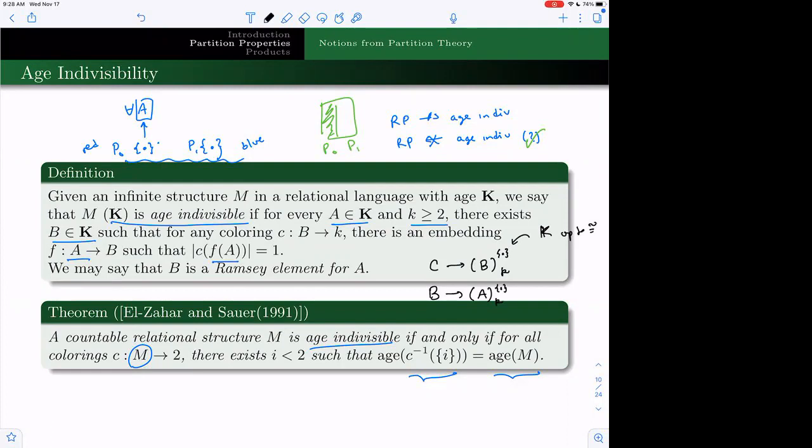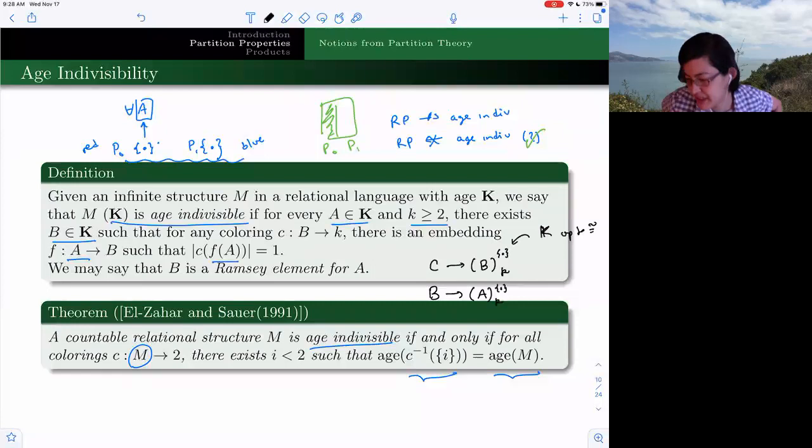Yeah, so maybe actually, now that I got into it, I remember the question that I had just from reading the abstract. I don't know if it makes sense, but I don't think it's ever been looked at. As an analog to the Ramsey property, you have this property of having finite Ramsey degrees, right? So I guess it would make sense to ask some questions about having finite age indivisibility degrees, probably not such a good name, but I guess you understand what I mean.